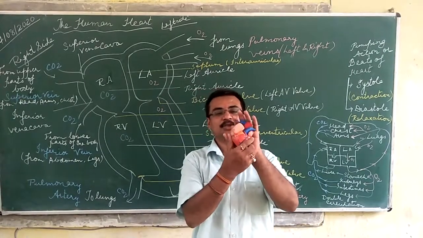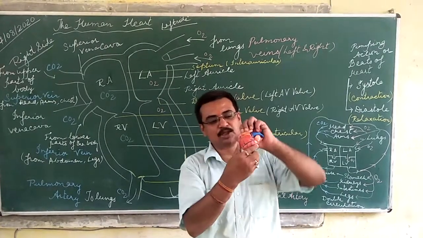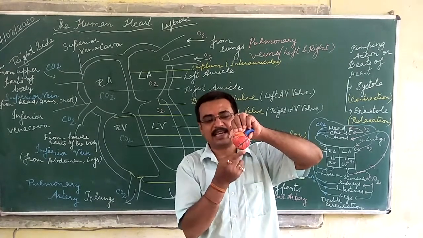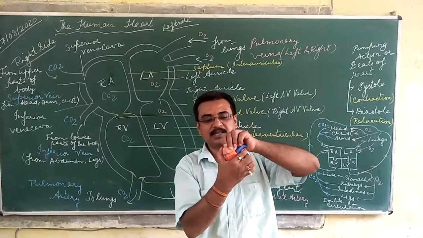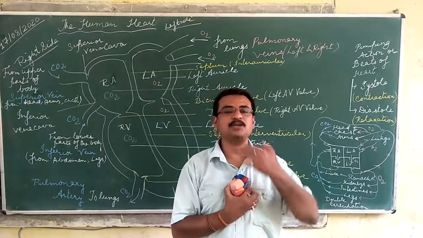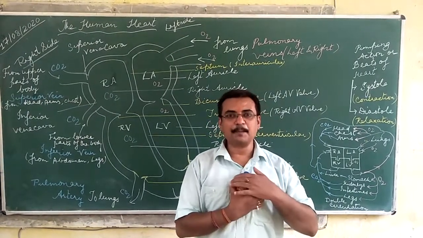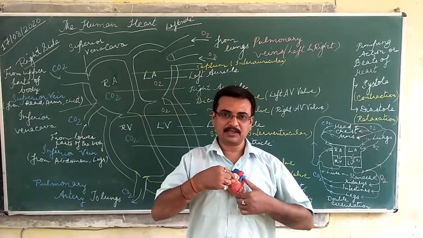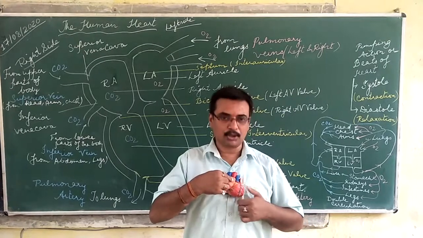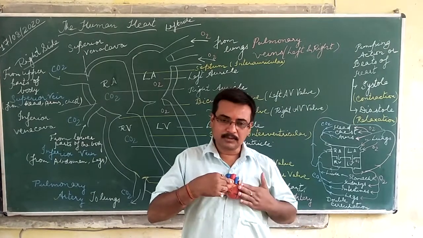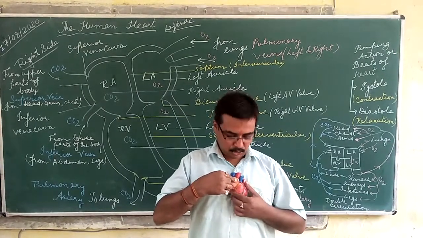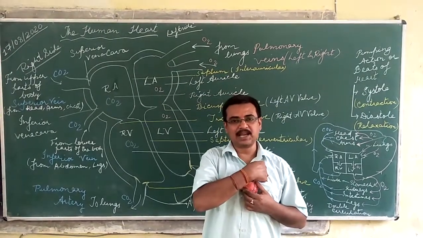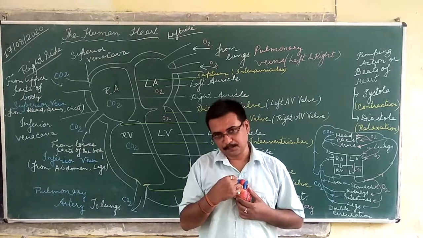This portion is a triangular muscular structure, and we call it the apex. It is situated in the mid ventral line, a bit tilted towards your left hand side. This is the position in between the two lungs, in the thoracic cavity, where the heart is situated.